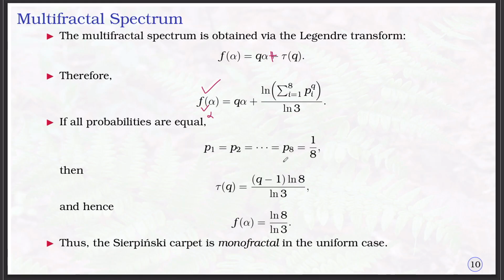So if all the probabilities equal 1 by 8, then f of alpha is ln 8 by ln 3, which is not a spectrum, we will get a single point. Again, the Sierpinski carpet is a monofractal in the uniform case, because we get only one single alpha exponent, ln 8 by ln 3, and so the same f of alpha.